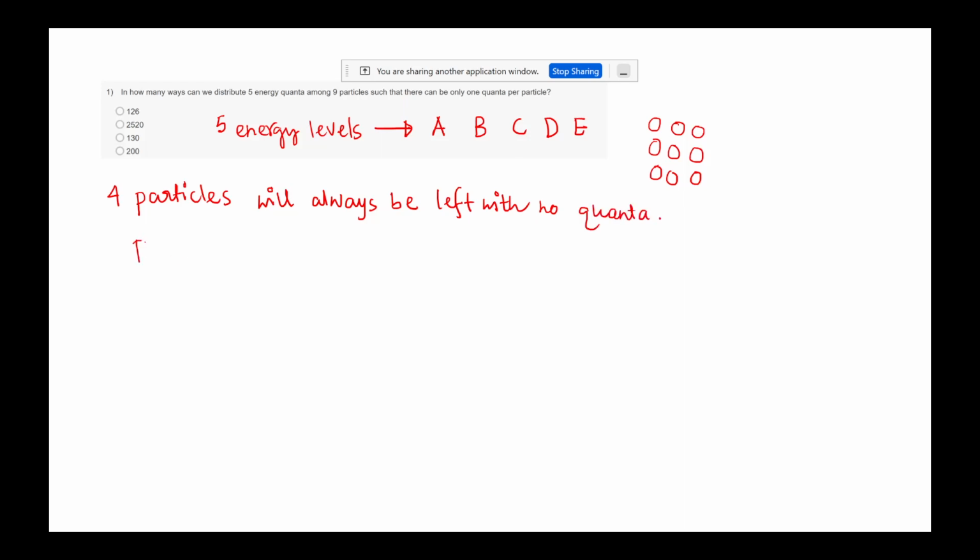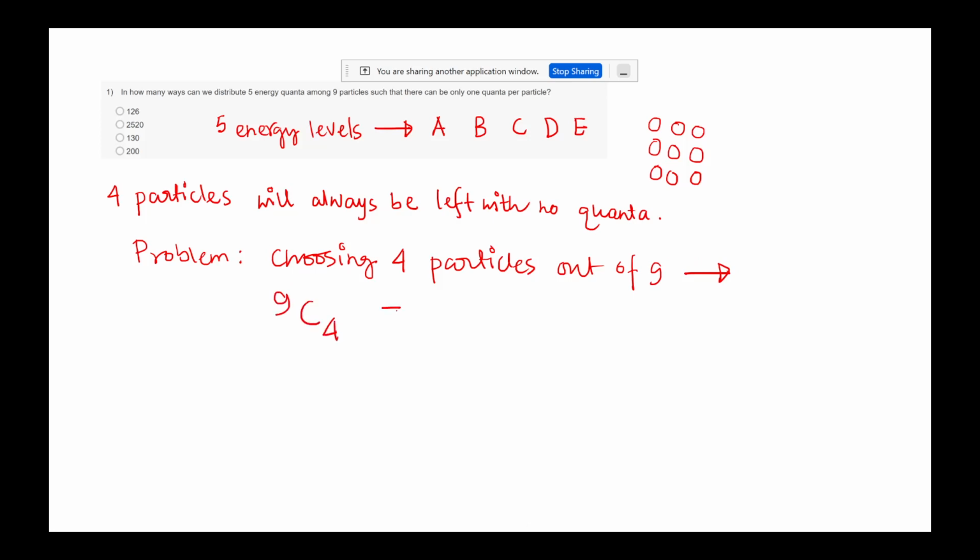Then the problem boils down to this: choosing 4 particles out of 9. And since there is no other thing that is distinguishable or indistinguishable, we can just write 9C4. And what is 9C4? 9 factorial divided by 4 factorial divided by 5 factorial.